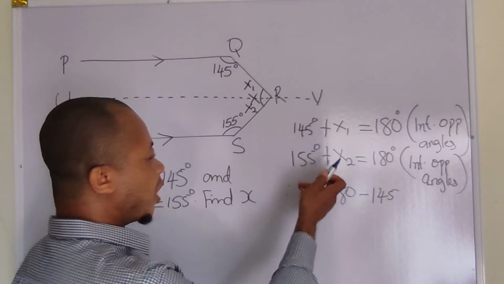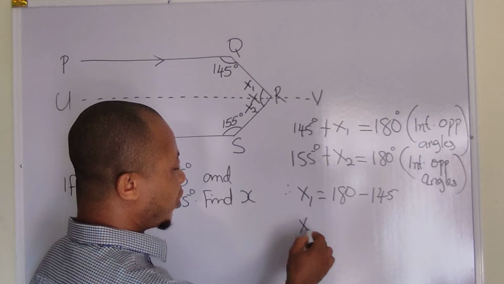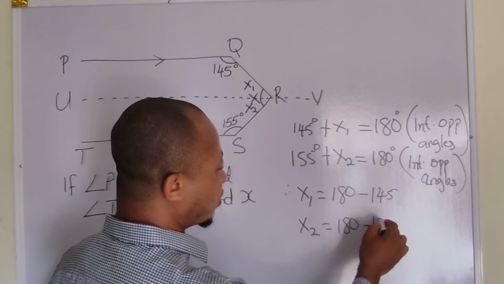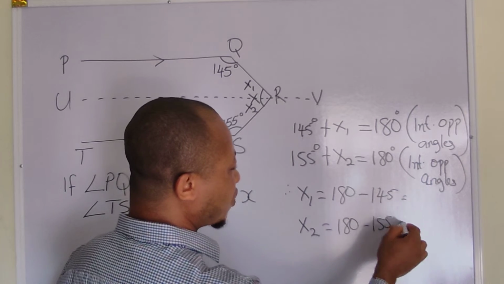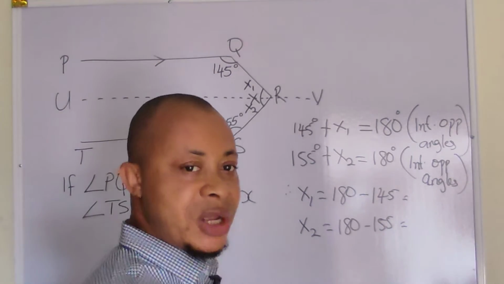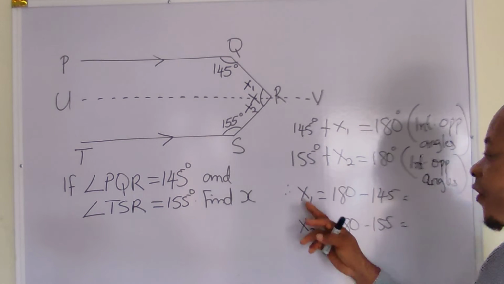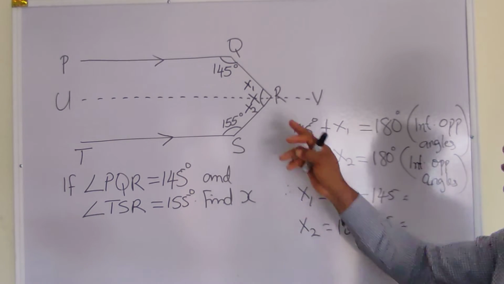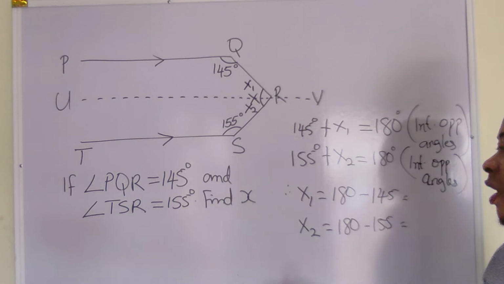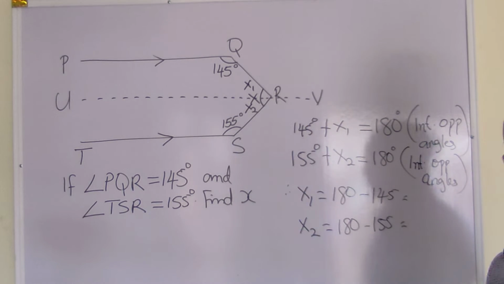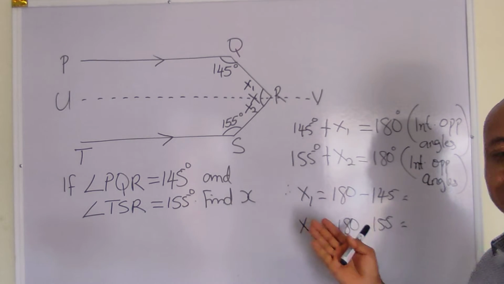The same thing applies to x2. x2 will also be 180 minus 155. So whatever it gives you will be the value of x2. When you get the value of x1 and x2, you can now get the value of x, because x1 plus x2 will give you the value of x, and that is the answer.